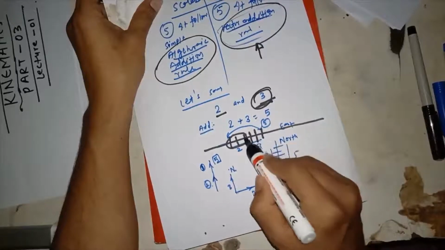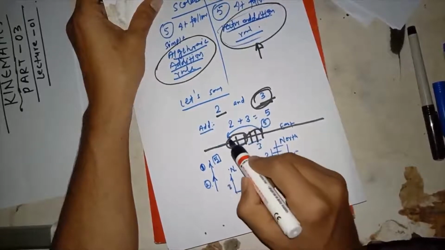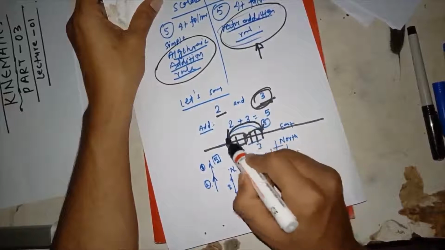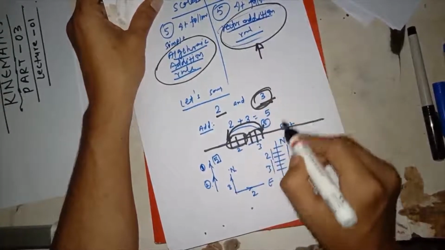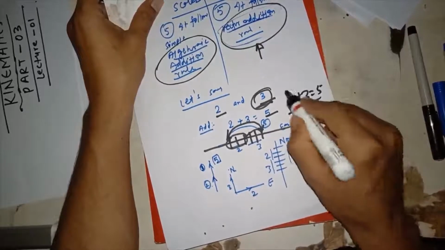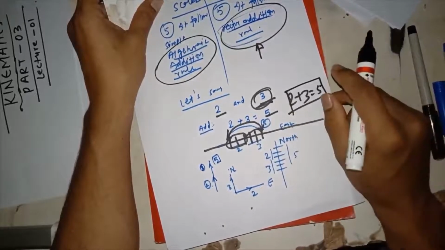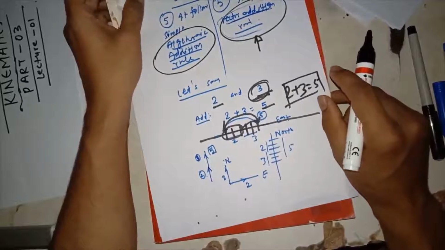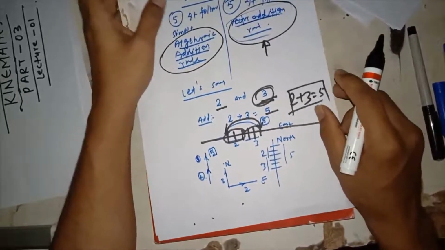Now you have to count the total. This is 5 units, so your answer is 5. 2 plus 3 equal to 5. This is very simple. But in a vector, it is not a simple thing.